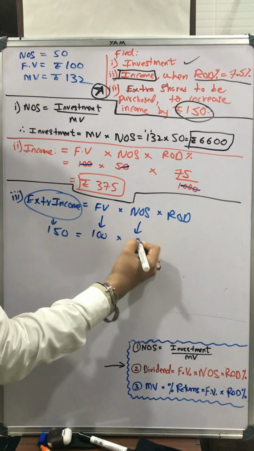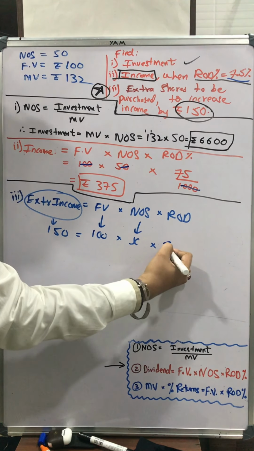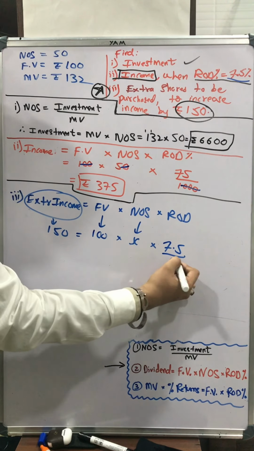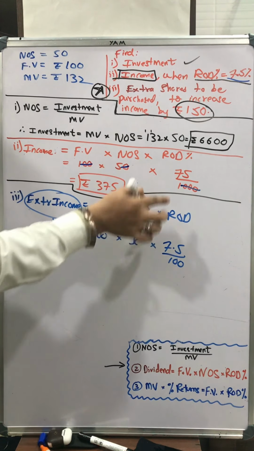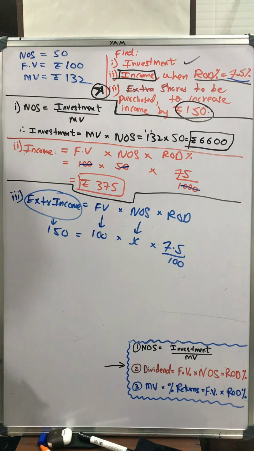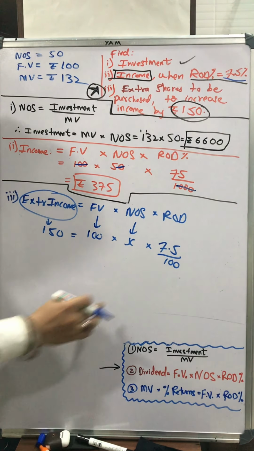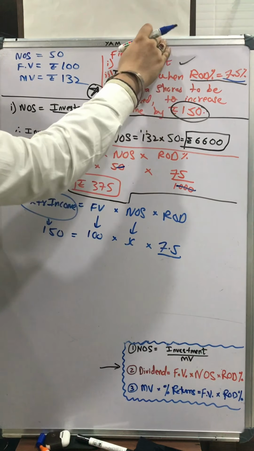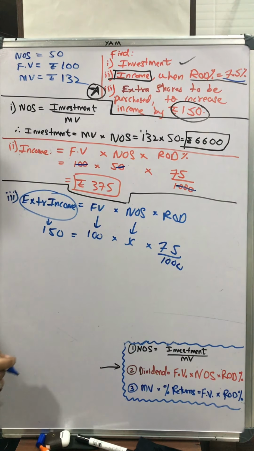We are considering the number of shares as X. And rate of dividend same as 7.5%, so 7.5 upon 100. Once again I'll use the same technique. Instead of 7.5 I'll write 75 because I am eliminating the decimal point, and I'll write 1000 in the denominator.